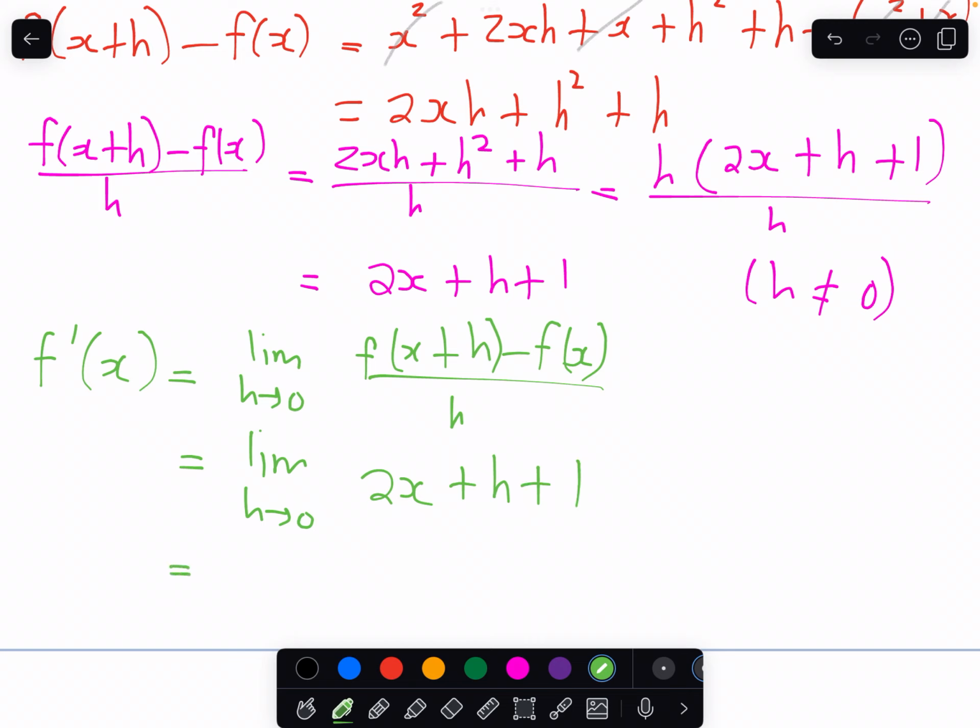We don't have an h in the 2x term, so this will just remain 2x. Then the limit as h approaches 0 of h will be 0, the closer h gets to 0, so this becomes a negligible term, and 1 will still just be 1. So the expression for f prime x will be 2x plus 1.